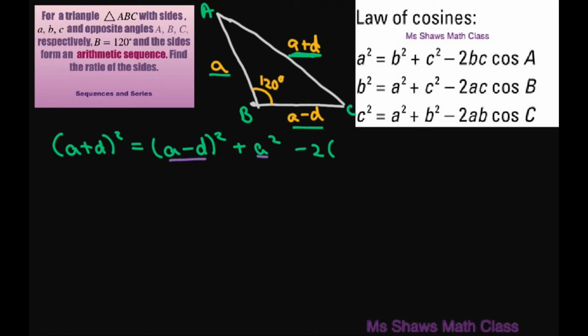So that's 2 times a minus d, and then times a, and then also times cosine of 120 degrees.